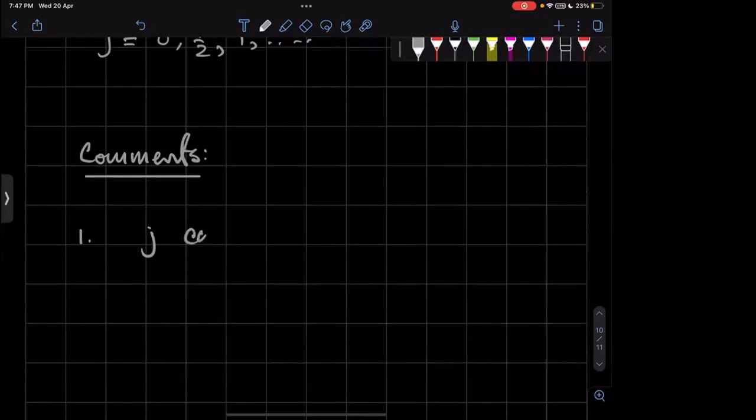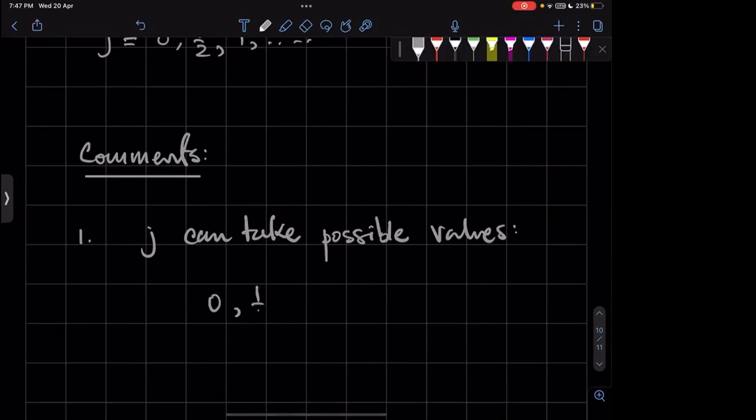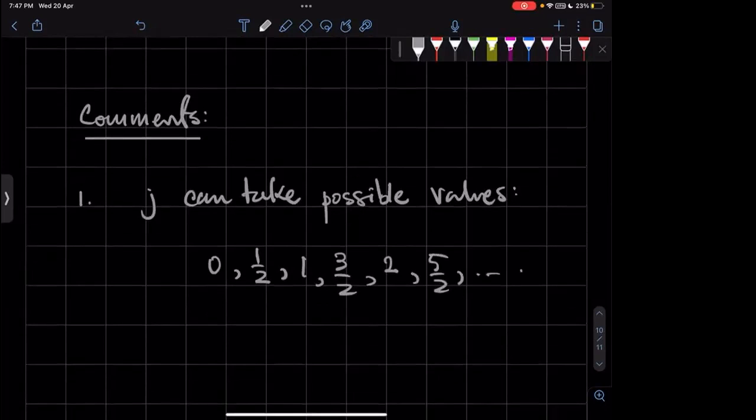So J can take possible values which are 0 and positive half integers. In quantum mechanics, this is telling you what the total spin of your particle is.